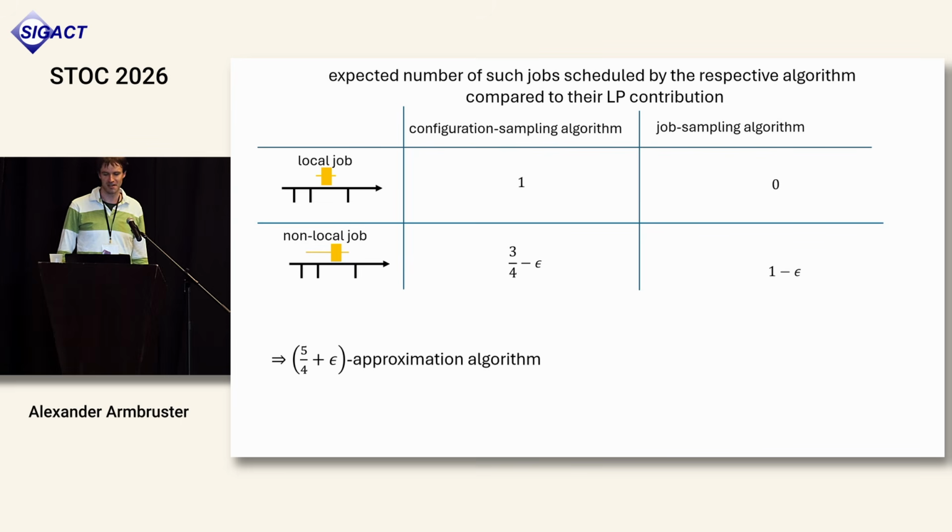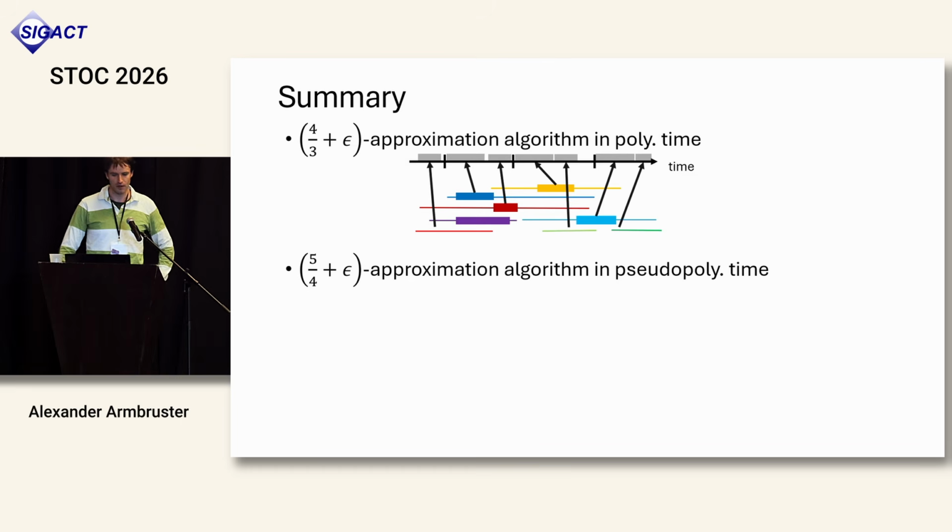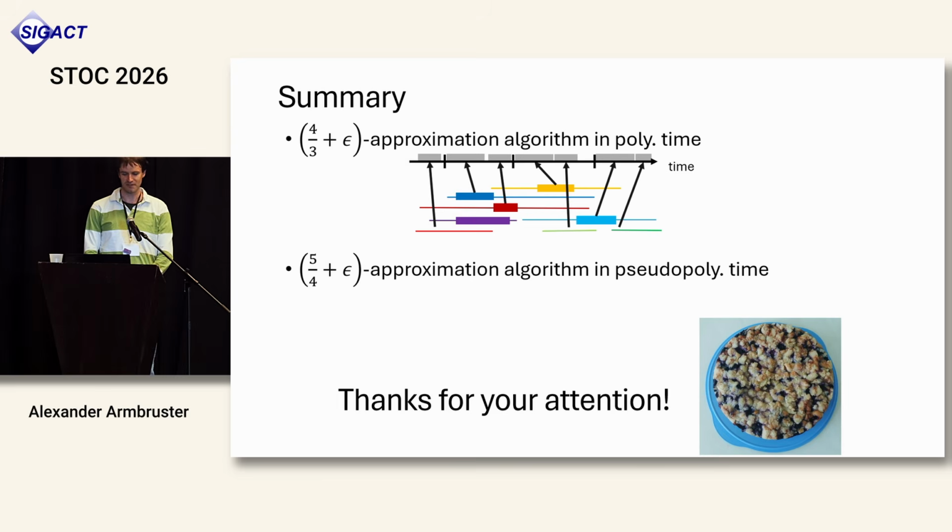This is where the pseudo-polynomial running time comes from, because we then have to solve the dual via a separation oracle and so on. All right, so we obtained this 4/3 approximation algorithm in polynomial time, and 5/4 in pseudo-polynomial time. That's all I wanted to say. Thanks for your attention.